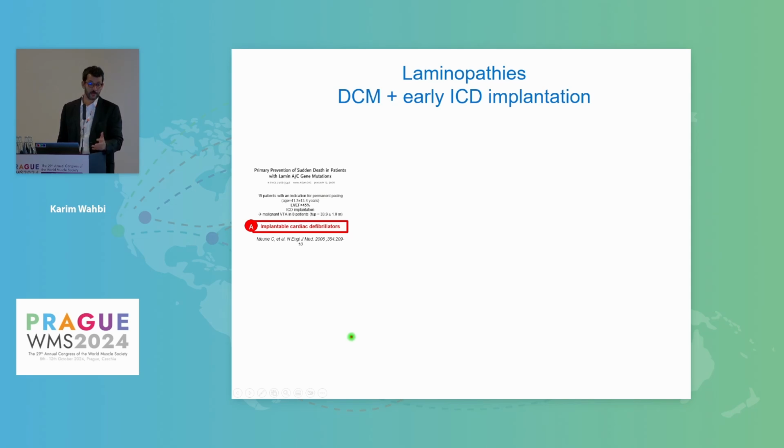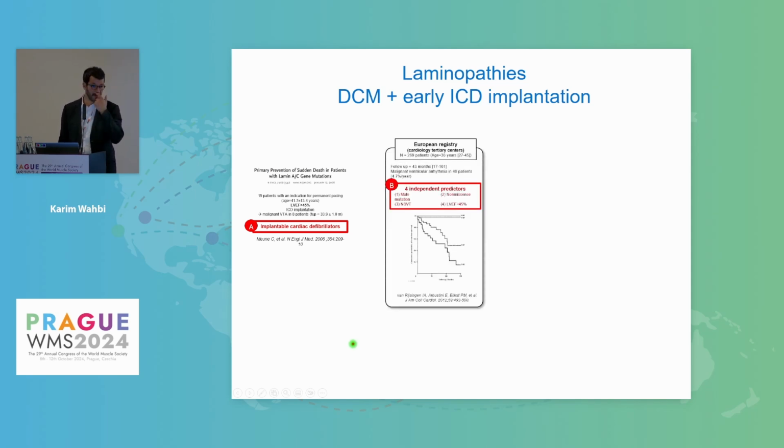Laminopathies are the first conditions for which it has been shown that implanting early an ICD can be beneficial, and a number of tools have been developed to estimate the risk for patients to have arrhythmic events and to guide prophylactic implantations of ICDs.